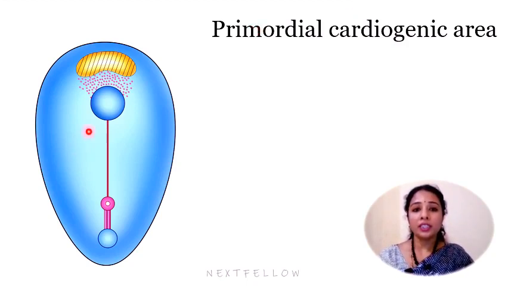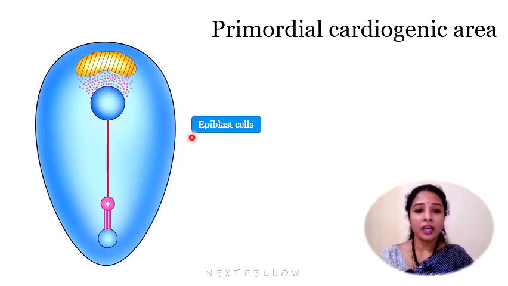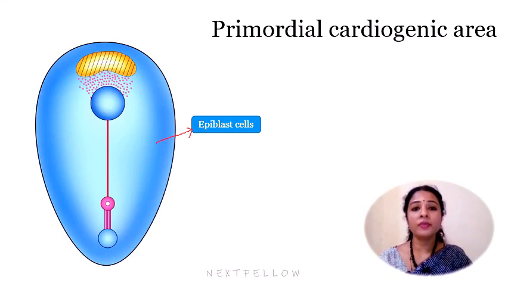So the progenitor heart cells lie initially in the epiblast cells. The blue colored structure here are the epiblast cells, which are the progenitor cells of the heart cardiogenic area. These progenitor heart cells lie in the epiblast immediately cranial to the primitive streak, so the ones which are near to the primitive streak.